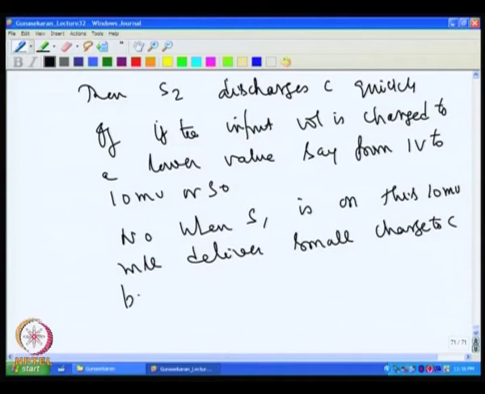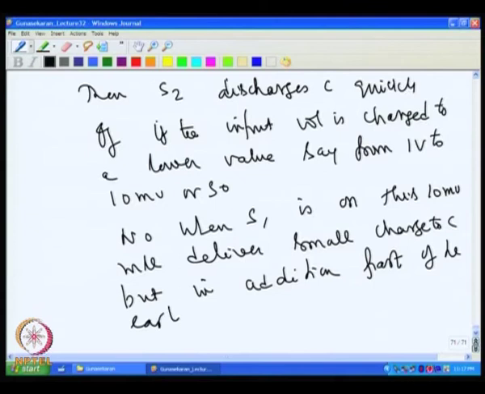but in addition, part of the earlier charge will also reappear, start reappearing.